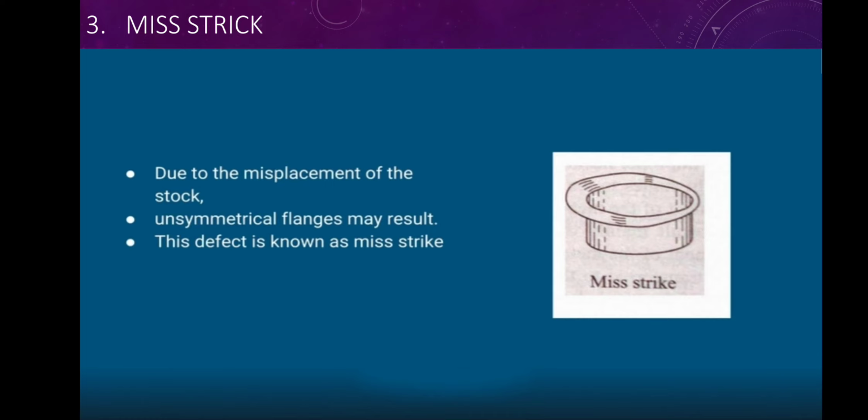Because of that, the punch does not strike the right place, which we call mis-striking, and that is what it is all about, due to the misplaced blank. Unsymmetrical flanges may result. This defect is known as the mistrike.